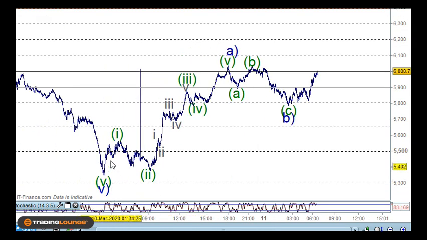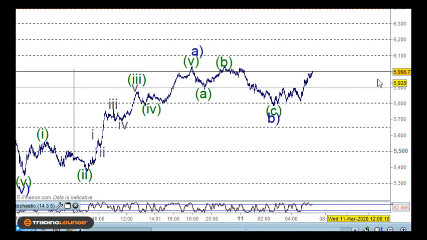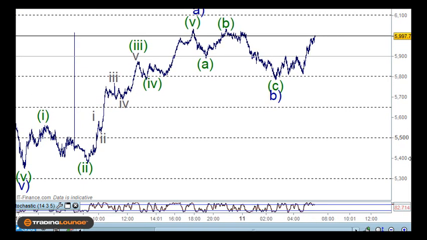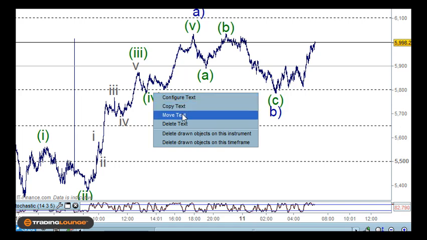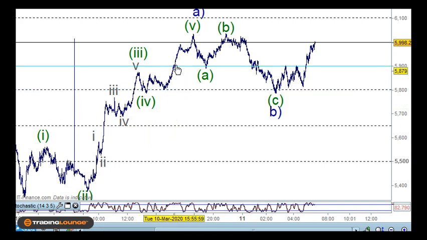Just pulling it apart a bit further, there's 1 and 2 here, 1 and 2 and 3 and 4 and 5 here, 1, 2, 3, 4, 5, and the A wave, the A, the B, and the C. So yeah, that's all looking quite good at the moment.